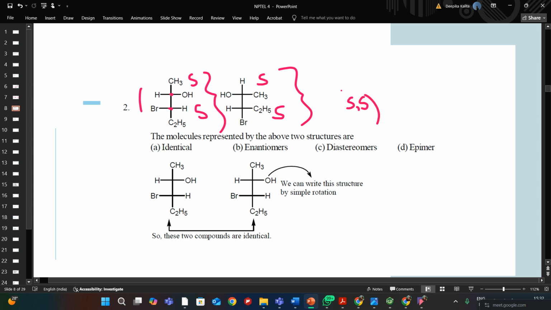You can approach this question by converting them into Newman projections as well, but that will be a time-taking procedure.